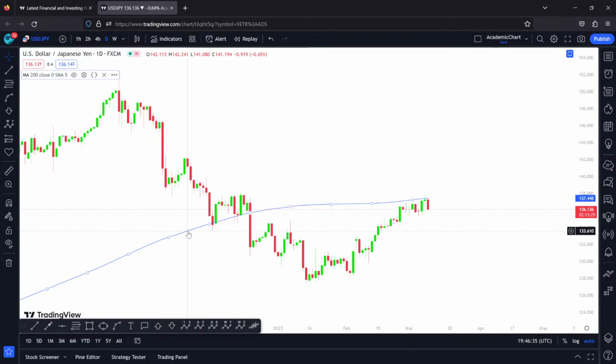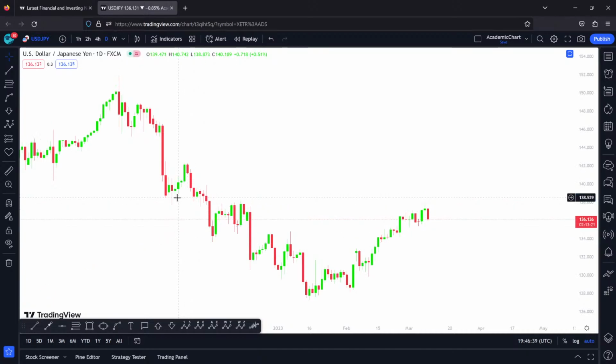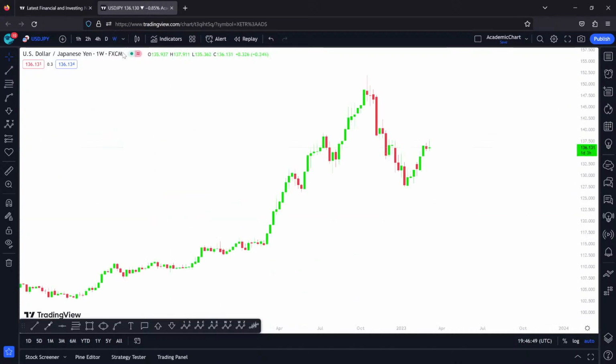But in our method, in our channel, we utilize the price action method. We don't use any of these. With this method, it means that we just look at the price and its action. That's why it is obviously called price action.